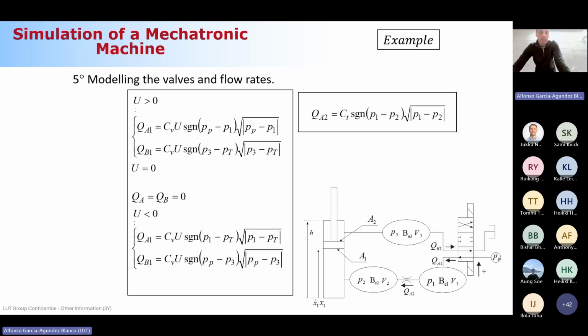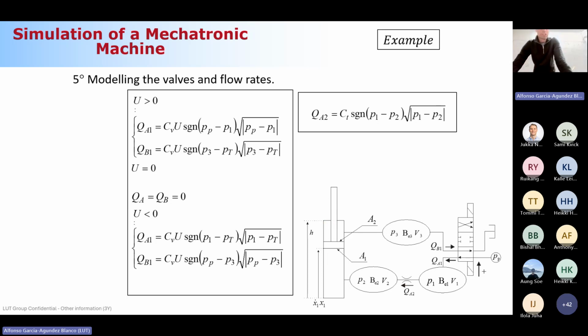So for U greater than 0, remember, the oil comes from the pump to this chamber, and you are moving the piston up here, you are lifting the piston, okay? And in the other configuration, you are providing oil from the pump to this control volume, and you are putting the piston down. Is it clear how it works?